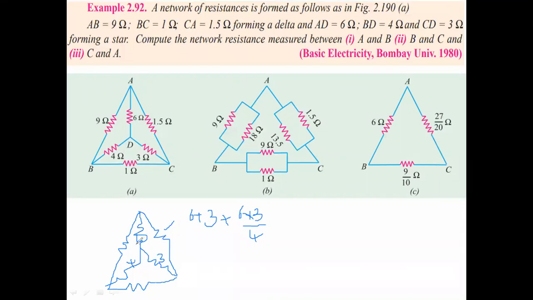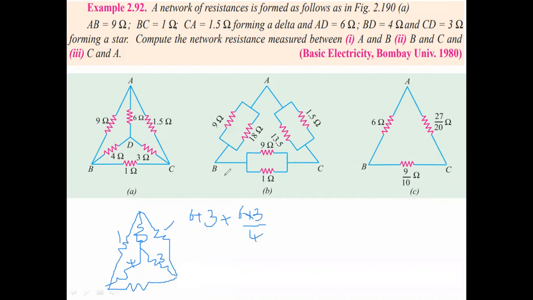Similarly, this resistance is obtained by 6 ohms plus 4 ohms, 6 plus 4 plus 6 into 4 by 3. Similarly, this resistance is connected between these two star branches, that's why 4 plus 3 plus 4 cross 3 by the opposite, which is 6 ohms.